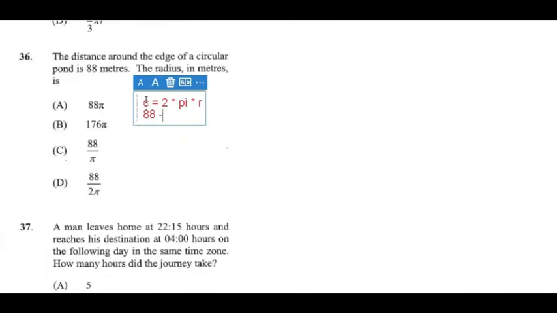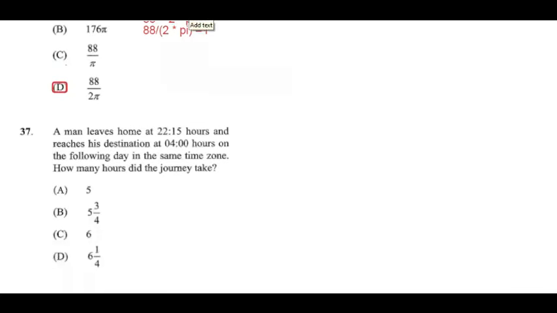So it is equal to 2 multiplied by pi multiplied by r, and we are making r the subject of the formula, so we're moving the 2 and the pi to the left side of the equation, so they're multiplying on the right, so when they go across they are now dividing. So it is 88 divided by 2 multiplied by pi, and that is equal to r, and therefore answer 36 is D. As we can see, that is given as a solution. And we're moving right along.